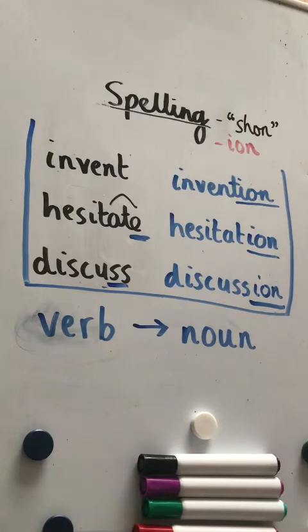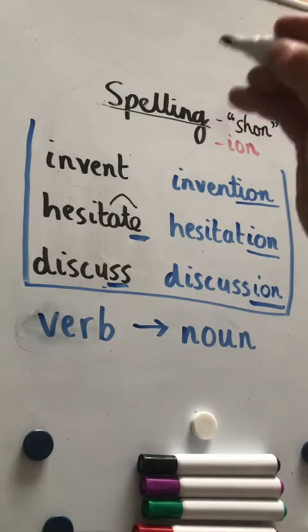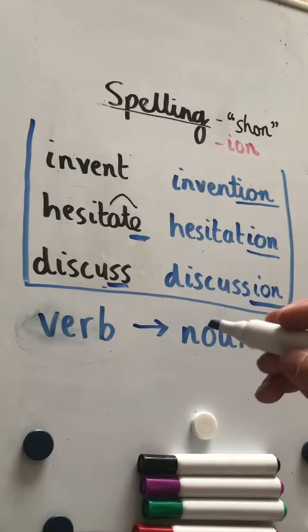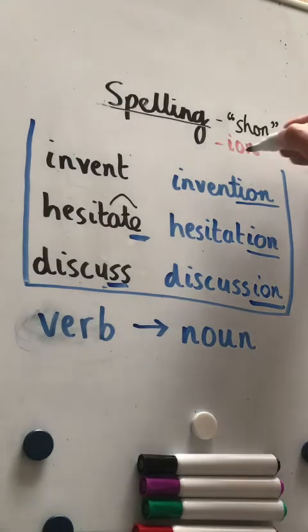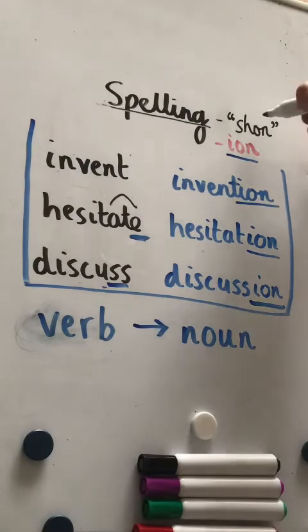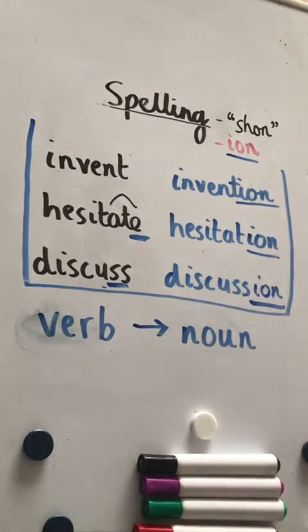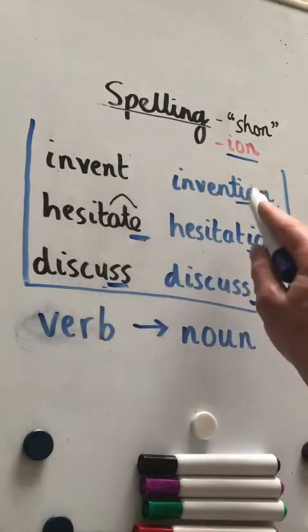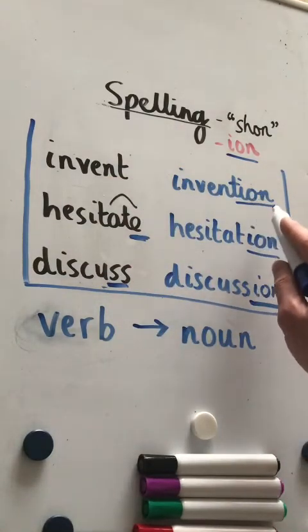Now what I'm going to do is write some words on here, and what you are going to do is spell them with the I-O-N on the end to make it have a shon sound. Now remember, if the word ends in T, you just add the I-O-N on the end.